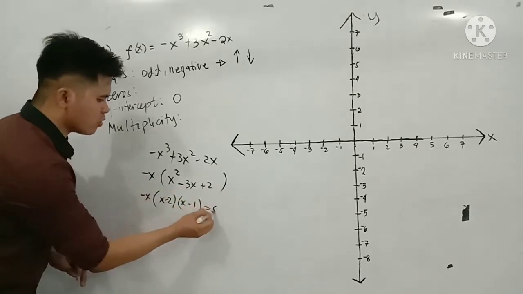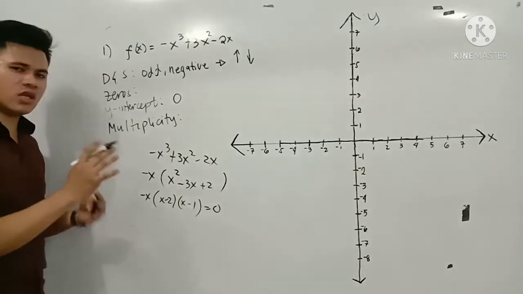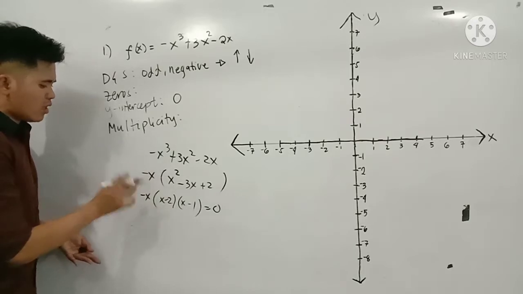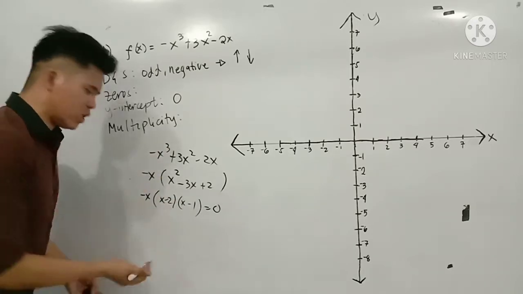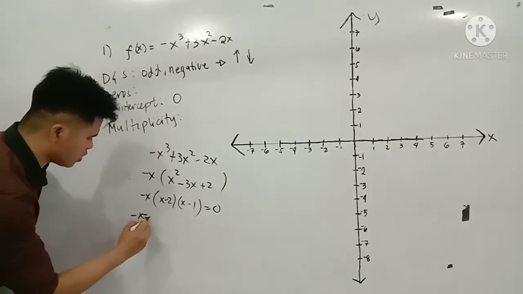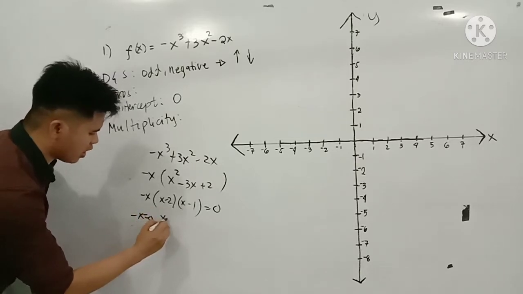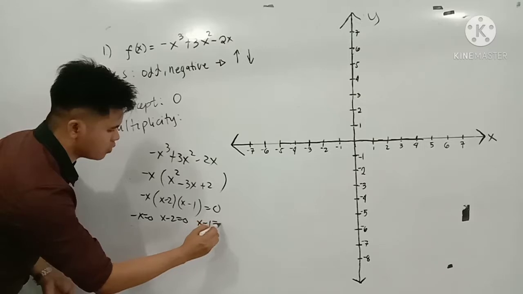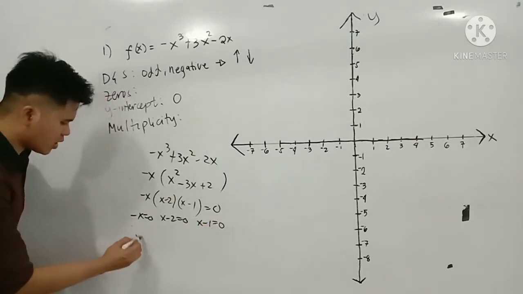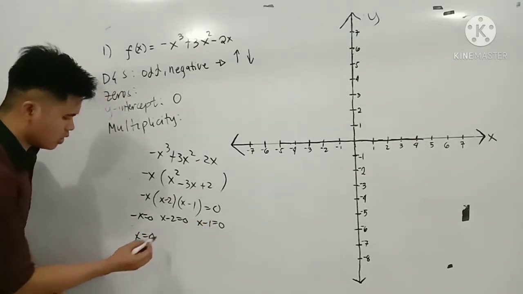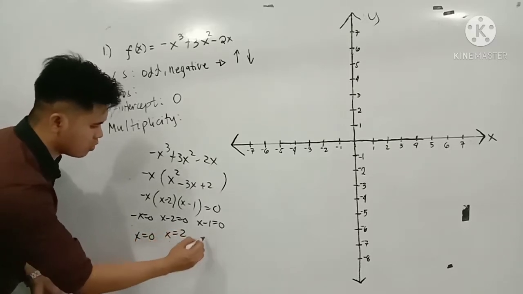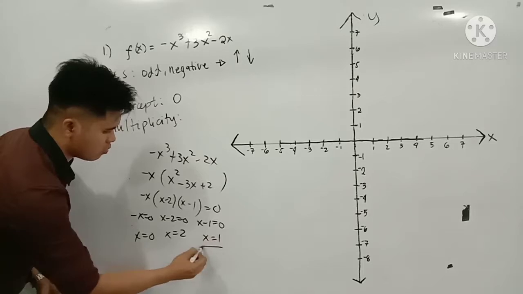Then, we can equate this to 0. This means we can use the ZPP or the zero product principle, where we equate each factor equal to 0. So negative x equal to 0, x minus 2 is equal to 0, and x minus 1 is also equal to 0. Then automatically we can find the zeros. So x here is 0, positive 2, and positive 1.